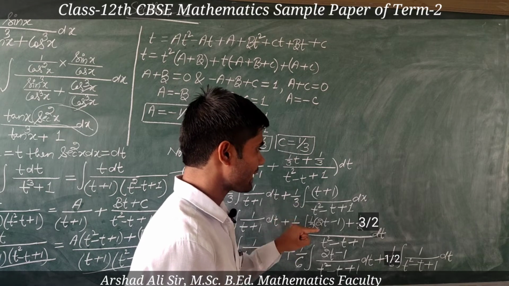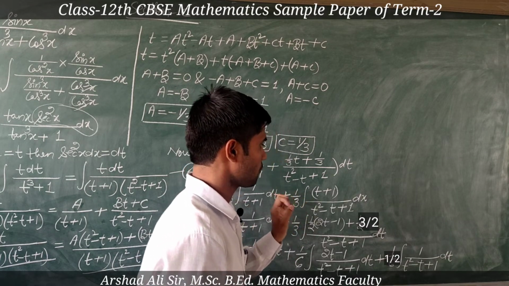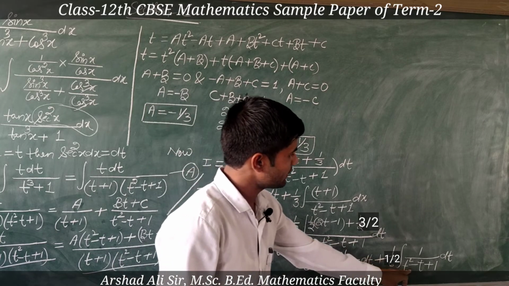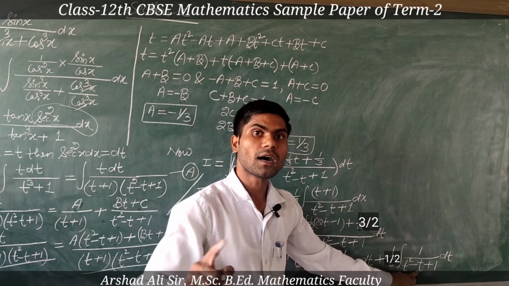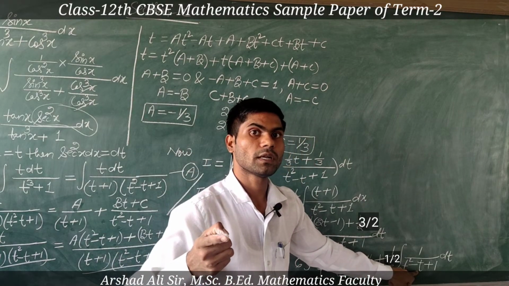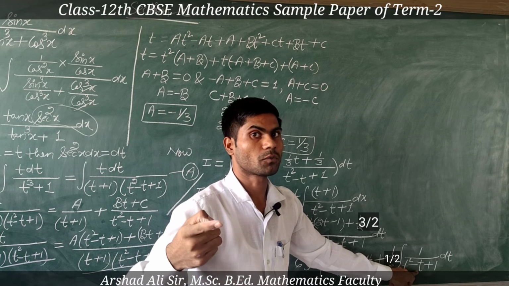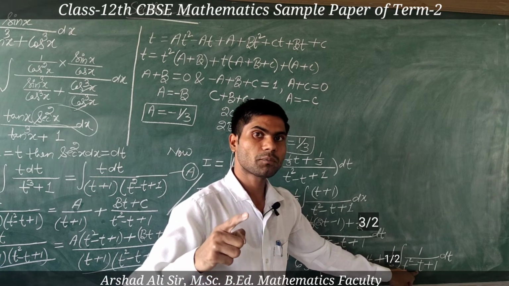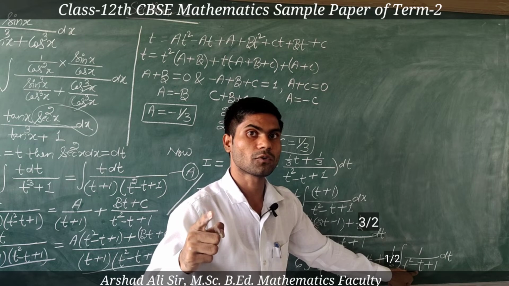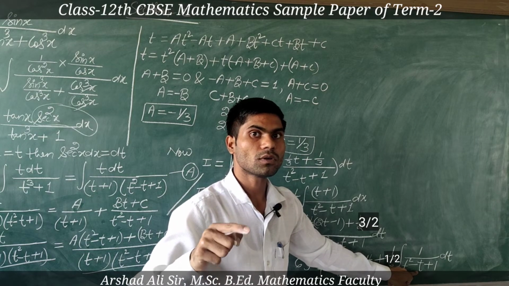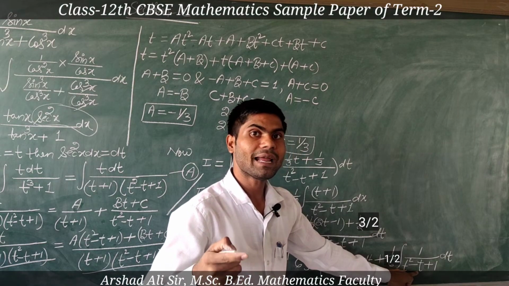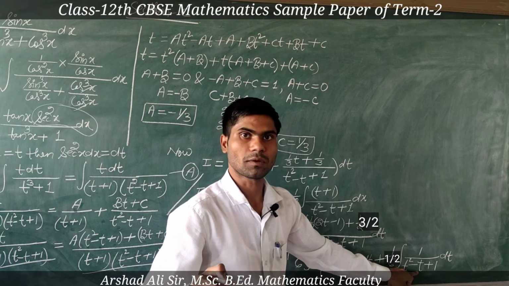We will have to make it into perfect square form. So coefficient of t is 1 and half of 1 is 1 upon 2 and square of 1 upon 2 will be 1 upon 4. So if we add 1 upon 4 and subtract 1 upon 4, it will be turned into a perfect square form.